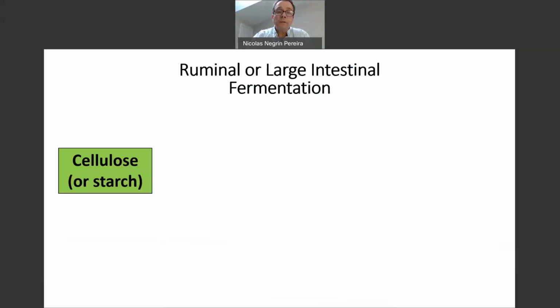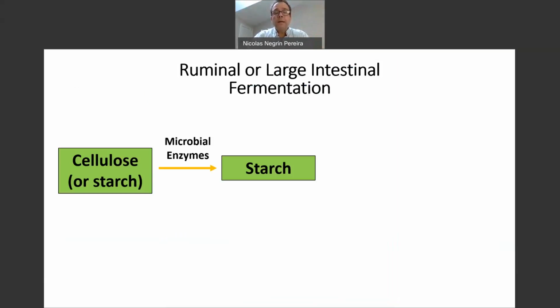Now, the ruminal or large intestinal fermentation is necessary, as we mentioned, to break the cellulose and hemicellulose, the beta 1,4 linkage between units of glucose. We start with cellulose. Sometimes we can also have starch getting into the large intestine, and microbial enzymes will break the cellulose, forming glucose units. Starch can also be fermented and utilized in the large intestine.